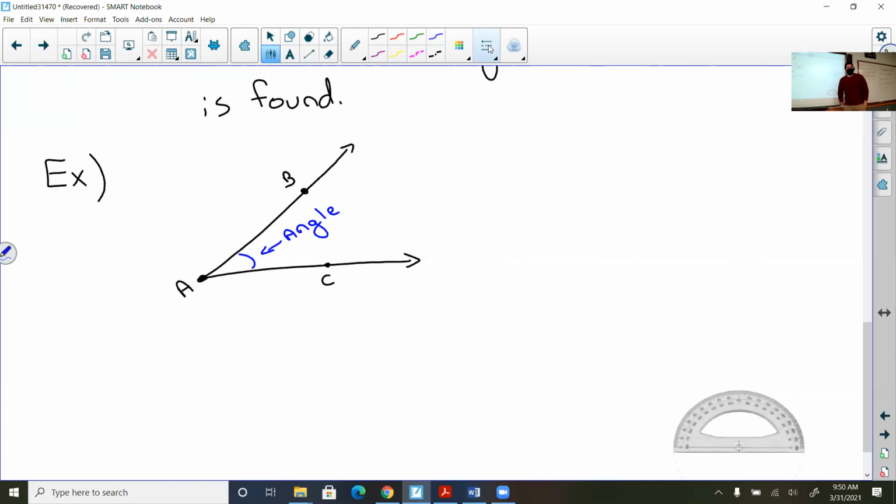Now that little arc that I just drew, that's usually the symbol for an angle. Much like how we have congruent marks, if I had another angle with another symbol like that, I would know that those angles were equal to each other, that they were congruent. If I wanted to show that I have a second one, I would just do a second arc in there. So it looks something like that. But for now, we have an angle, and that's formed at the vertex being the two endpoints of these rays at point A.